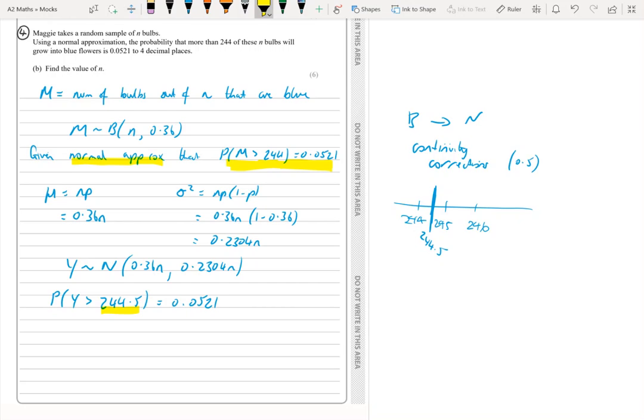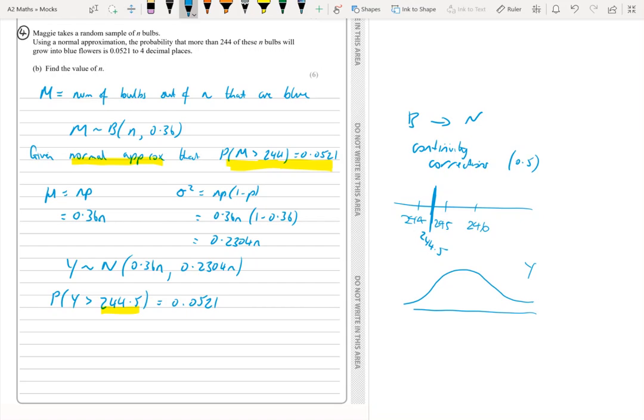Okay, now another complication here is, in this normal distribution, we don't know the numerical value of the mean or the variance. So we need the underworld. We need to drop down into the Z distribution. So we're going to draw a couple of pictures so we can make some progress there. So we're going to draw Y first of all.